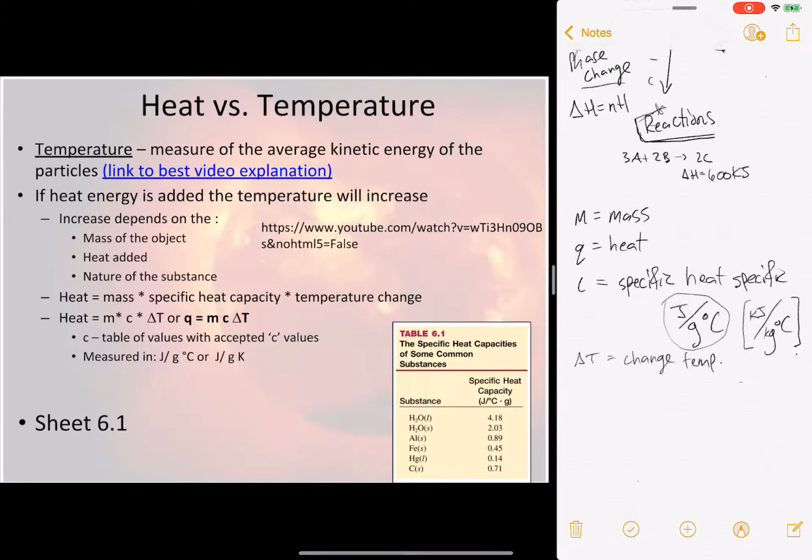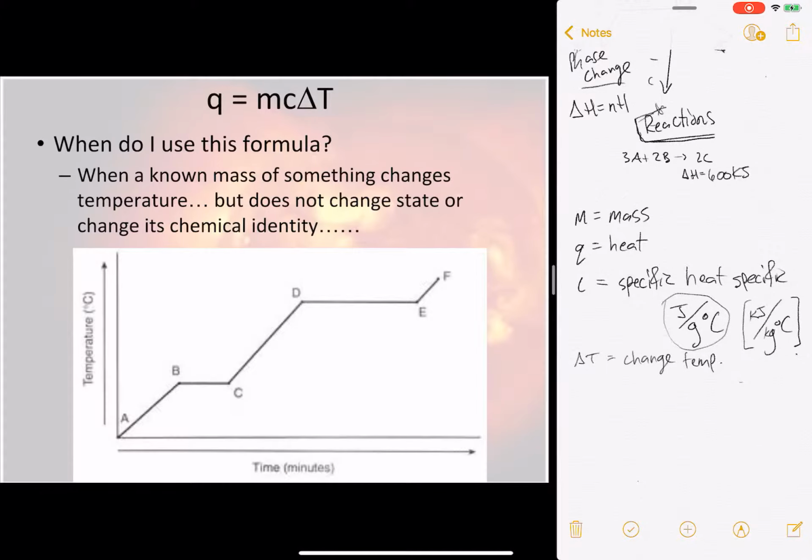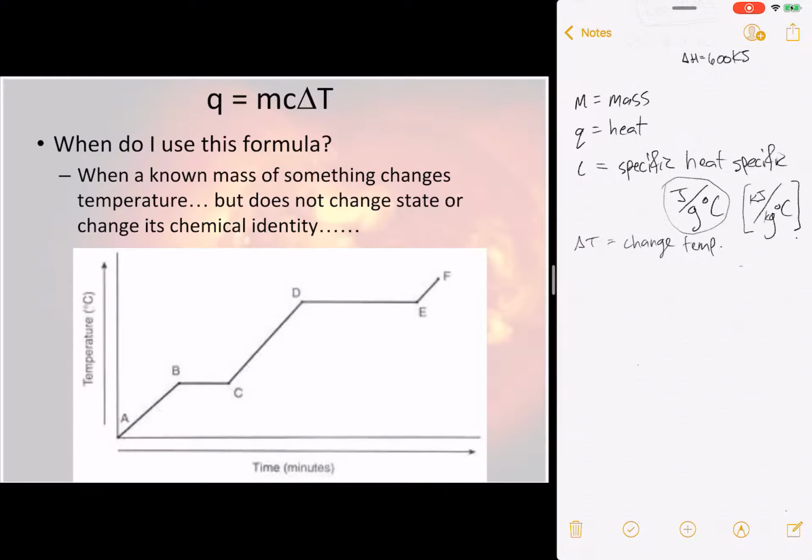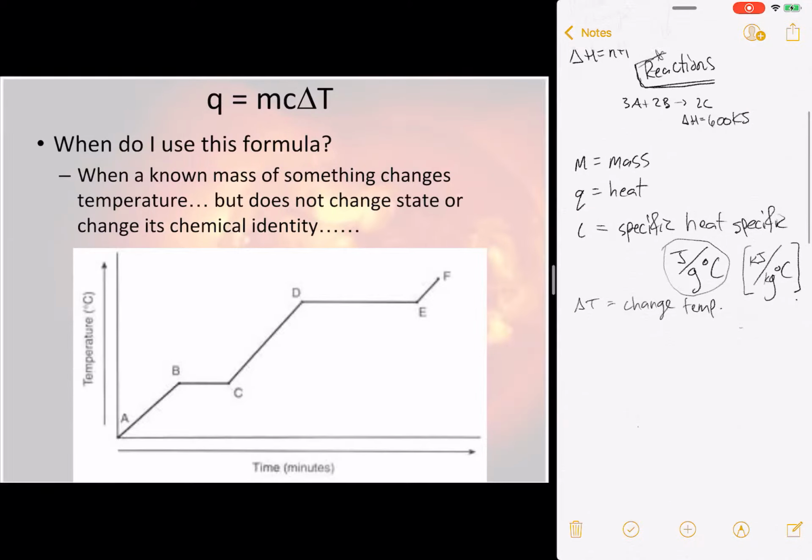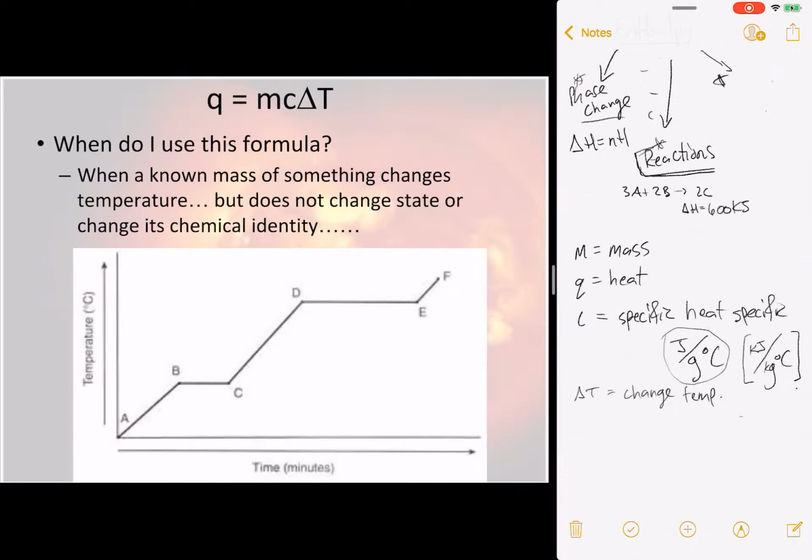Now, you can see on the bottom right hand here in table 6.1 that there's lots of different heat capacities for different things. So even liquid water and solid water or ice are going to have 2 different heat capacities. Now, when are we going to actually use such a formula? Now, we could use this formula when we're dealing with a change within a single phase.